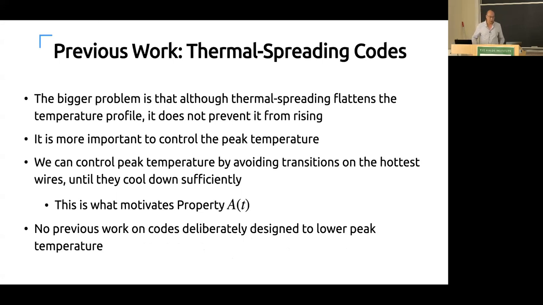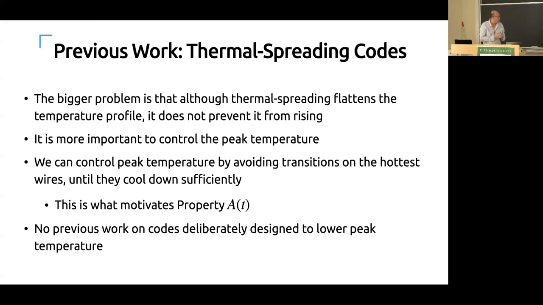Thermal spreading isn't quite what we are looking for. Although it flattens the temperature profile of the bus, that temperature profile could be rising, because it just spreads the transitions around but doesn't try to cool anything. What is more important is that we want to control the peak temperature. We don't want any of the interconnects to get too hot, because once they exceed a certain threshold, they melt out.